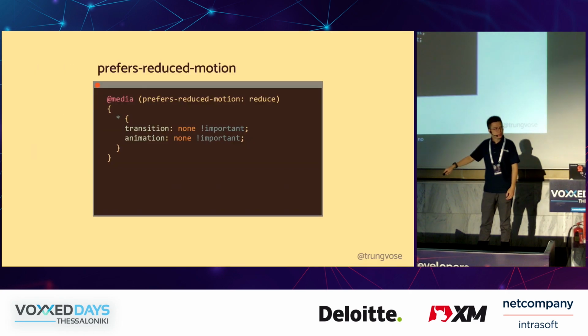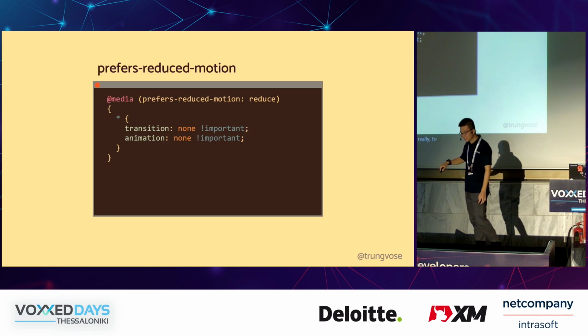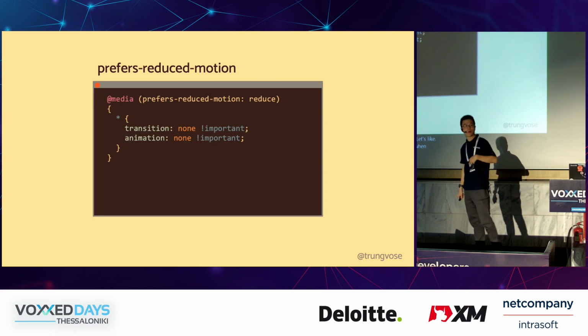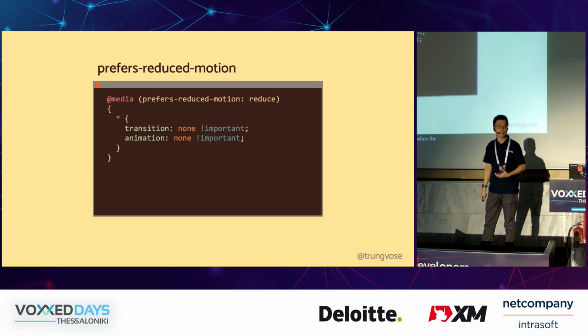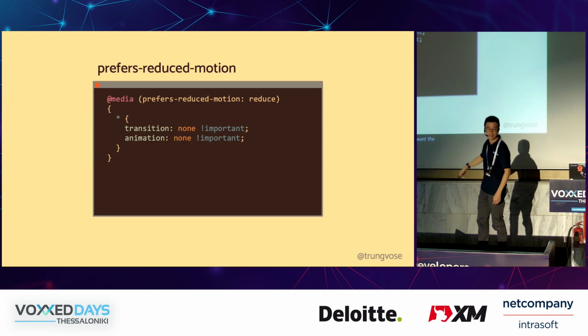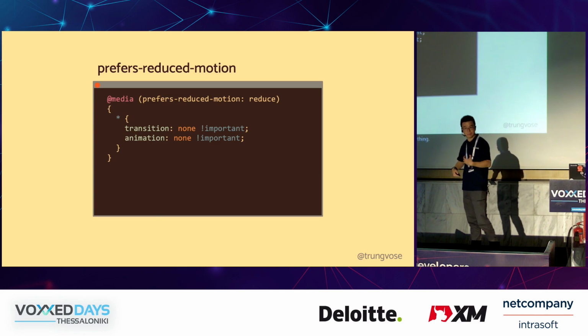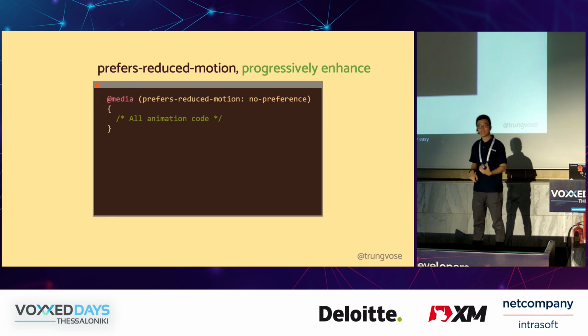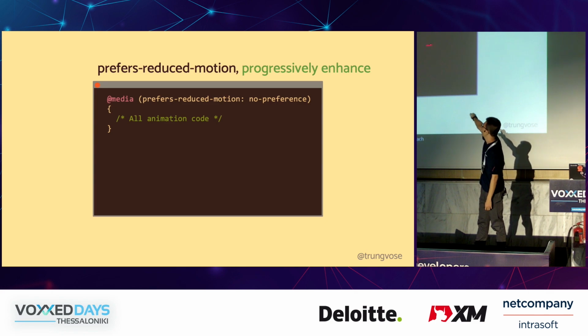And really, to apply some of that, you can think about it. Let's say you just turn off everything when they turn it on. For example, when the user turns on that they don't want the animation, just turn off everything. It's very aggressive, but maybe it works. Or you can use a progressively enhanced approach where you say, when there's no preference, then I apply some of the code.